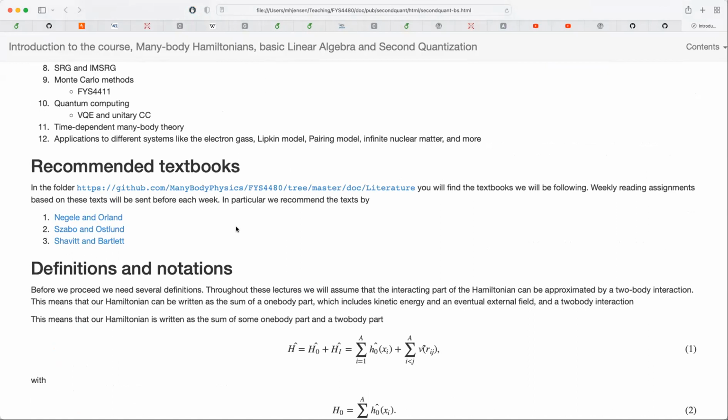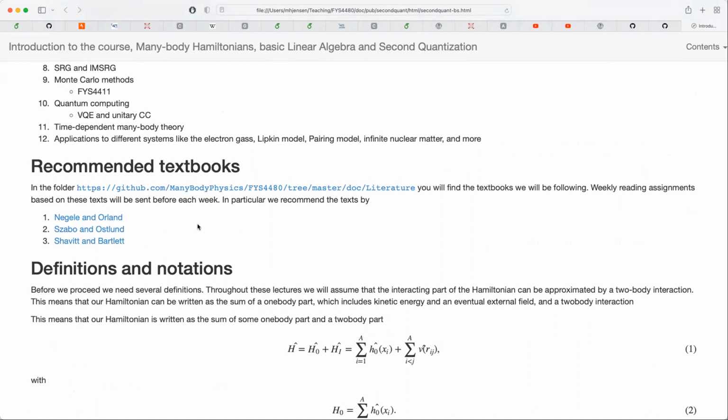The textbooks which I normally follow are Shavit and Bartlett, Szabo and Östlund, and Nagel and Roland. You have access to the PDF files. Some of these are out of print, and for those you can just use the PDF file we provide you with.